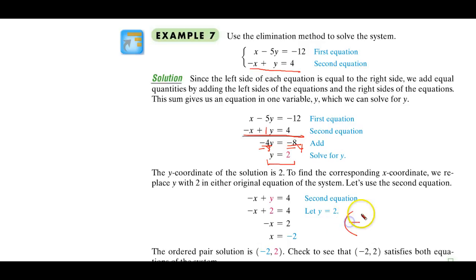So again, negative 2, 2 is your ordered pair. Now remember, since they are an ordered pair, you can't decide to reverse them. You can't say, well, this is negative 2, I'm sorry, this is 2 and this one's negative 2, because that wouldn't be a solution for these equations. It must be this order.